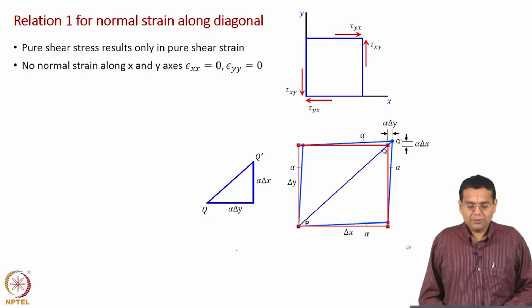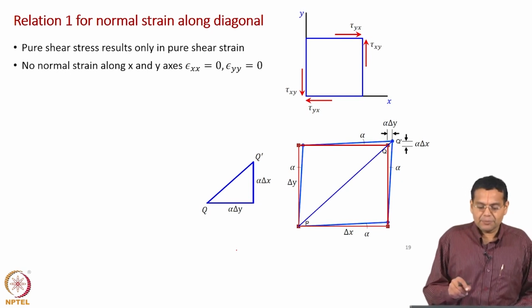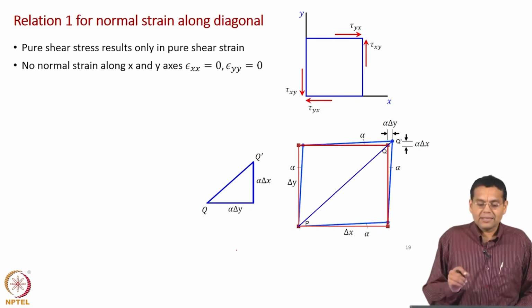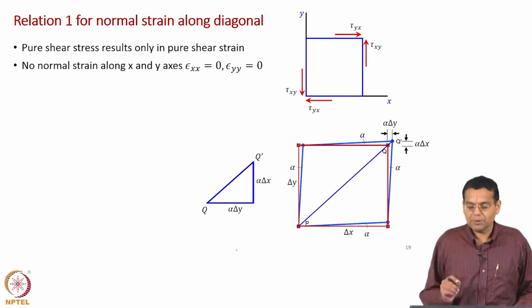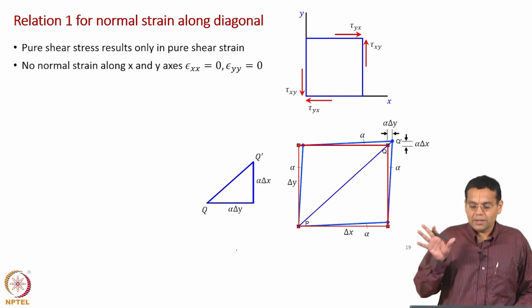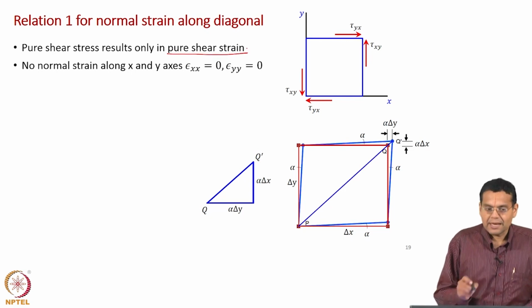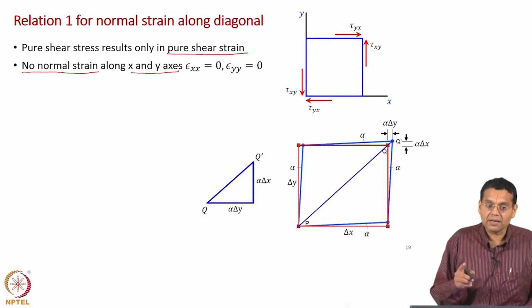Now, if you look at the title of the slide and this pure shear strain, it may look contradicting. The title says normal strain along the diagonal, and the first line says pure shear strain. When we say pure shear strain, it means that there is no normal strain along the x and y direction.